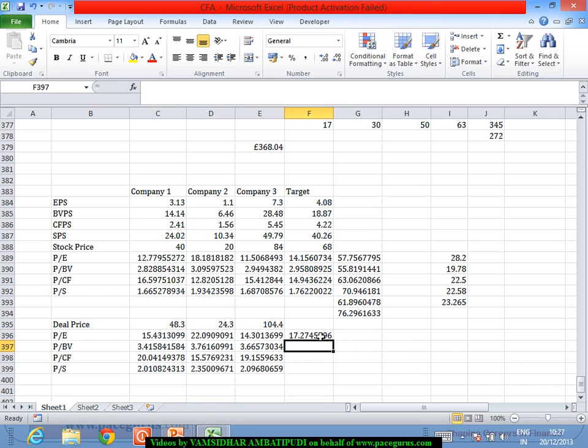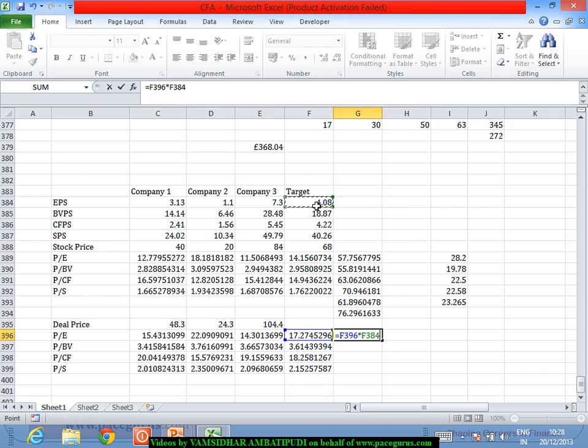So this is the average P by E, average P by BV, average P by cash flow, and something like that. And now that I know the target's EPS and all, based on this I can directly find out what should be the deal price, based on all these four approaches. Based on P by E multiplied by EPS, I say that the deal price should be somewhere around 70.